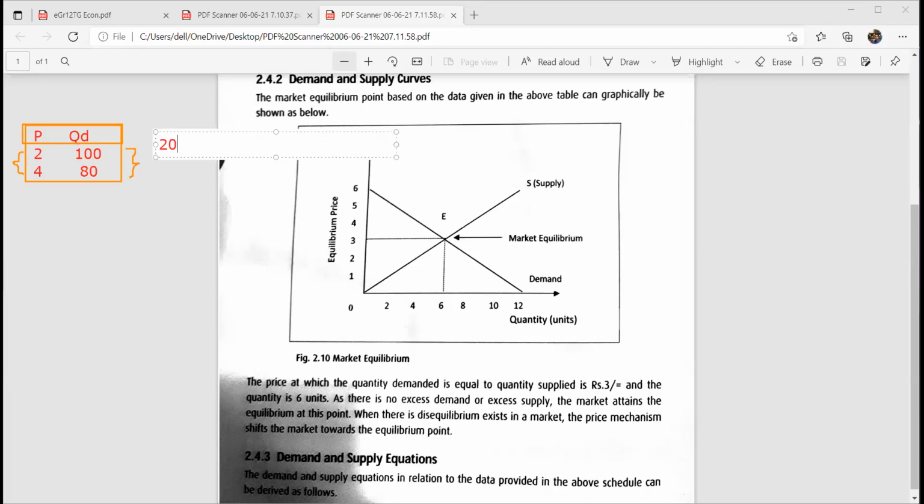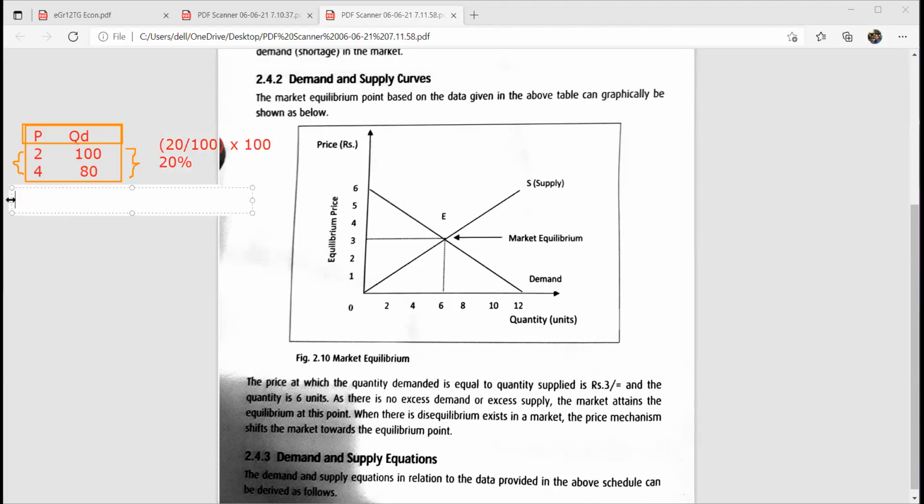The difference is 20, divided by the original value, which is 100, and all this should be multiplied by 100. Then the answer is 20%. This is how the percentage is calculated when there are changes in the quantity demanded of the good.